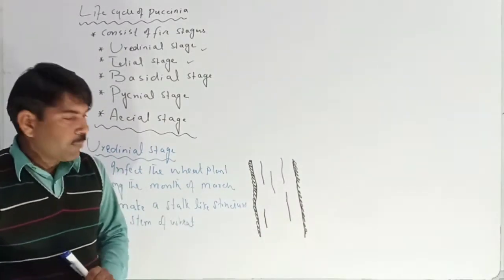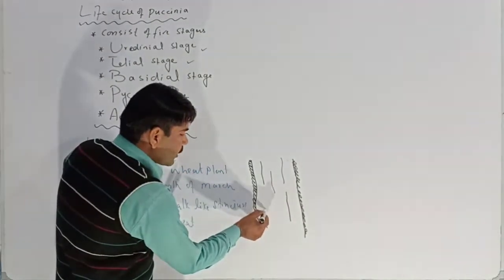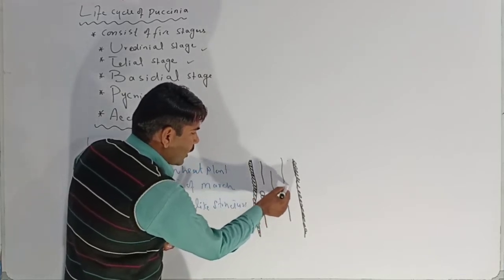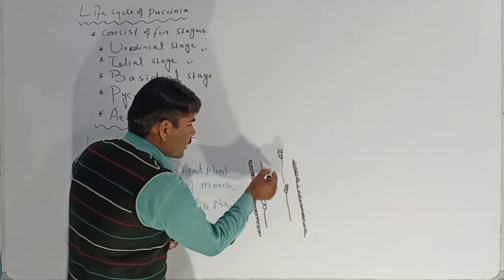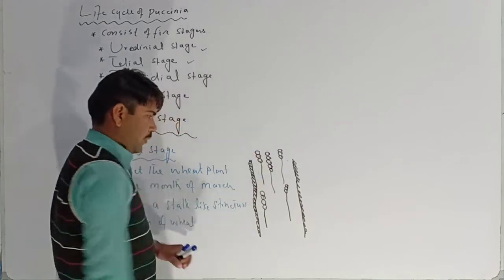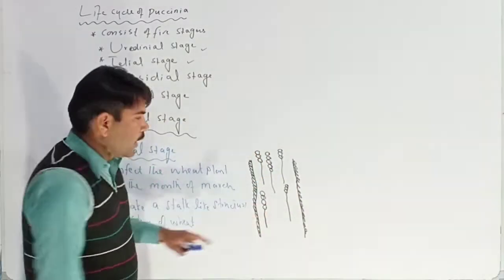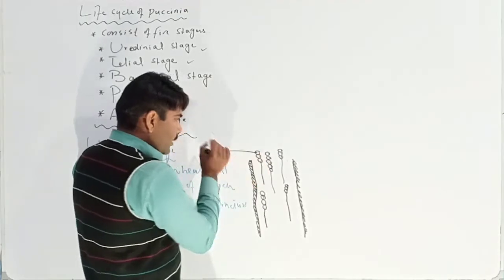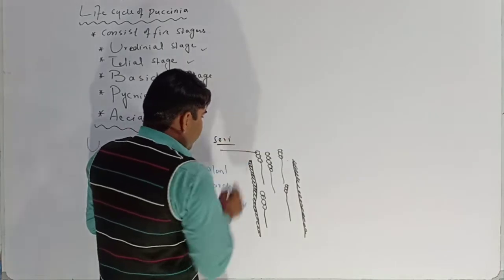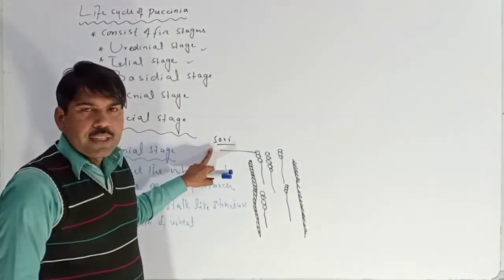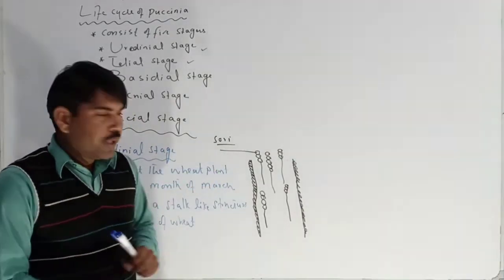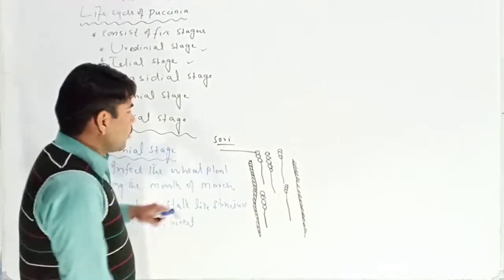These stalk-like structures produce round structures on the stalks, and these round structures inside the stem of the wheat are known as sori. Because these sori are involved in the formation of uridineal spores, they are known as uridosori.